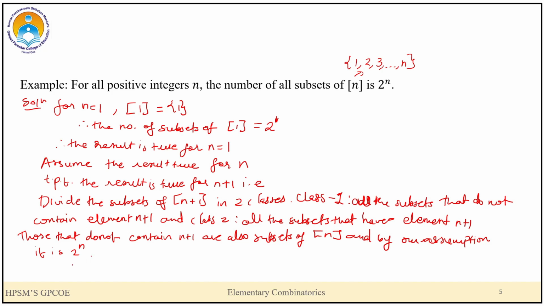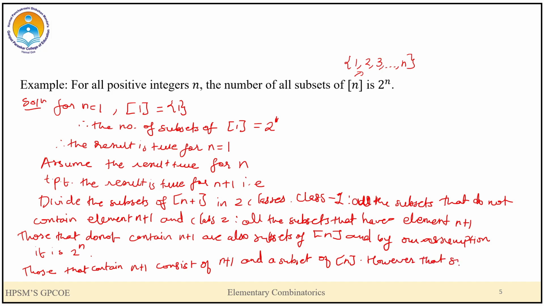Okay, and those that contain n plus 1 consist of n plus 1 and a subset of [n]. However, that subset of [n] can be any of those 2 raised to n subsets of [n].